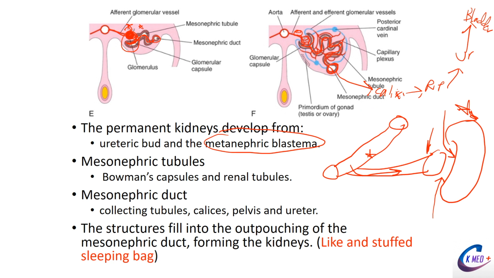And so this is kind of important to know, okay, what is the part that we end up making from this? And so the mesonephric tubules, this one right here, this is going to go all the way up to the Bowman's capsules and the renal tubules. And then the mesonephric duct itself, this original tube, this one right here, this actually then forms all the later stuff, the collecting ducts, the calyces, the pelvis, and the ureter.